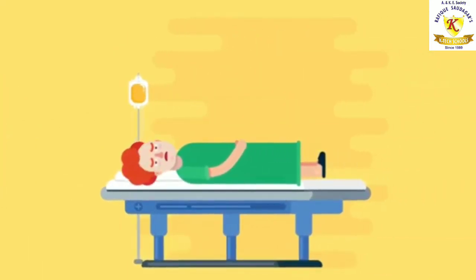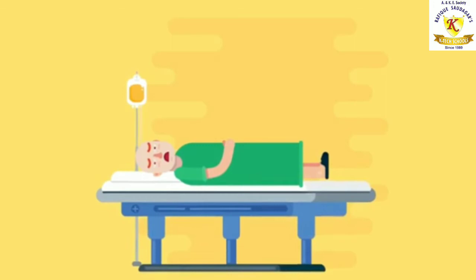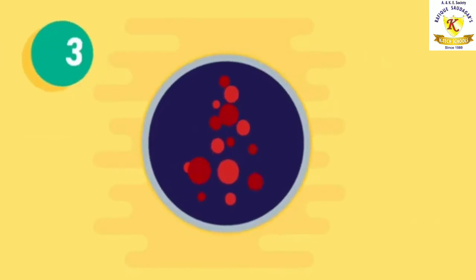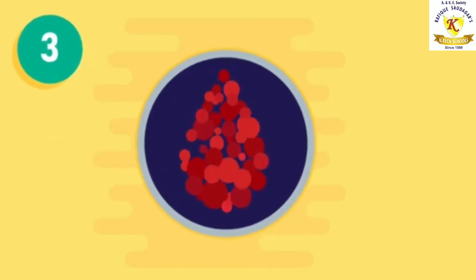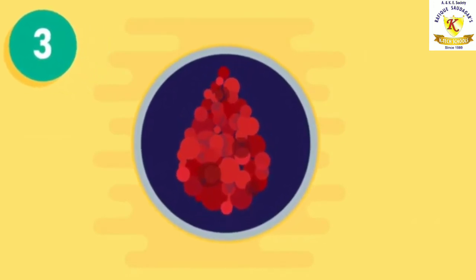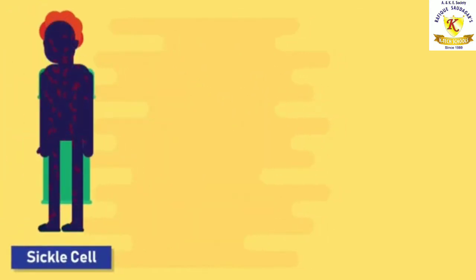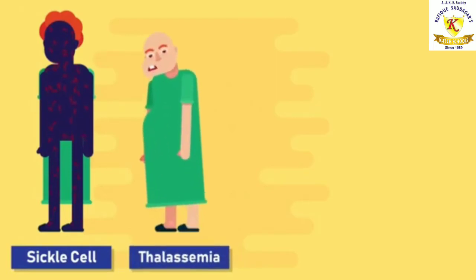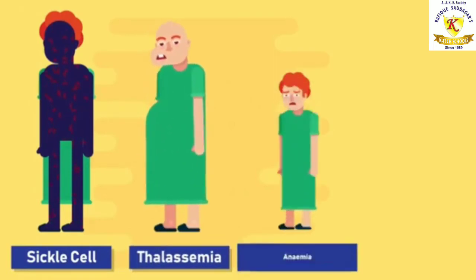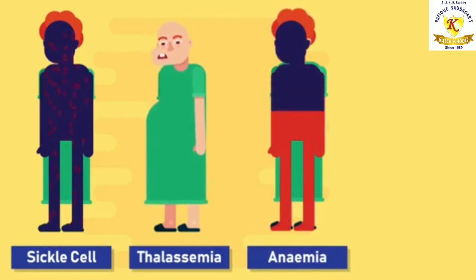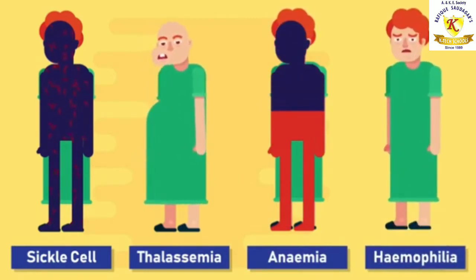Chemotherapy reduces the production of new blood cells. Also to prevent complications from an existing blood or bleeding disorder, such as sickle cell disease, thalassemia, or anemia caused by kidney disease or hemophilia.